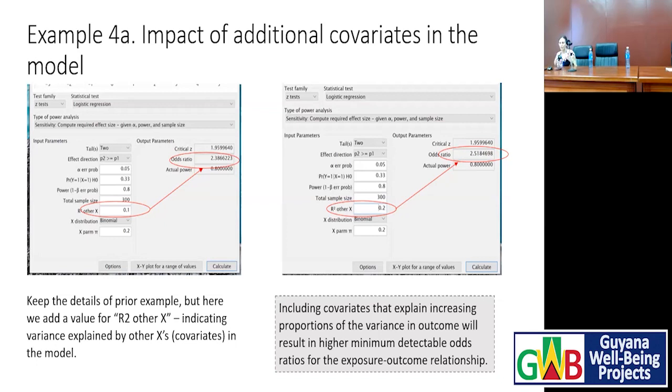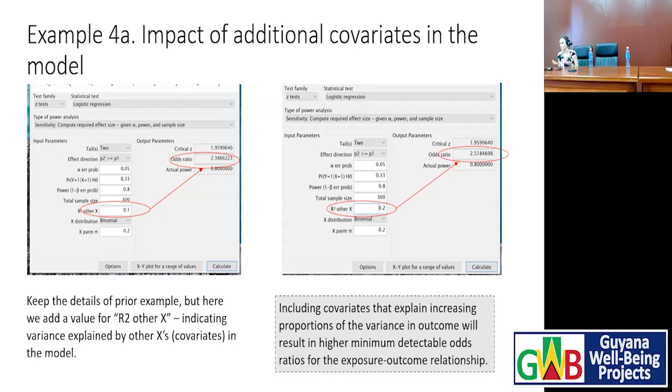Now, I hope no one is looking at that and saying, wow, I should forget about ever including covariates in the model, that's going to mess things up. That's not the right answer, because including some different covariates in your model is often going to be important to address confounding.